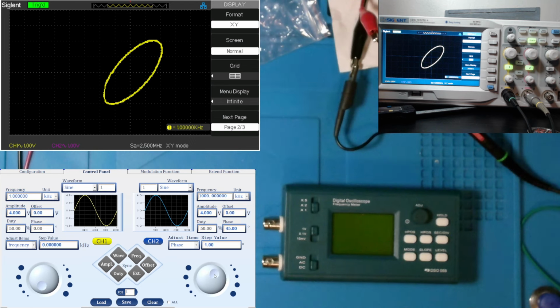And look, 45 degrees out of phase, we're going into an upward slope and oval shaped signal. Let's take it to 90 degrees.